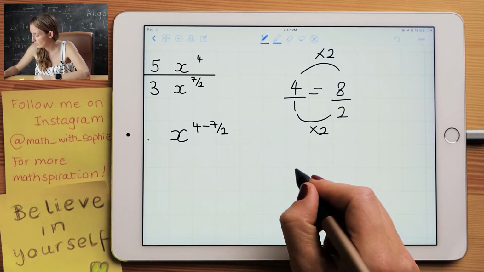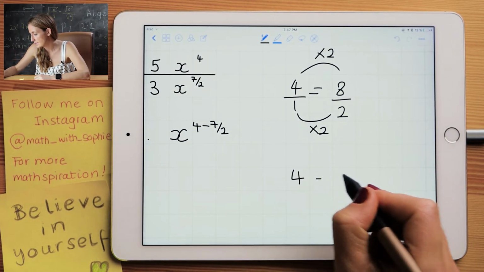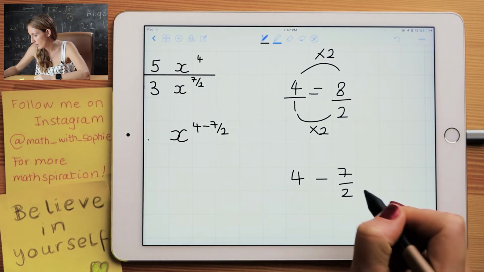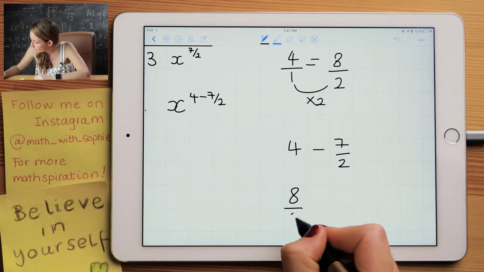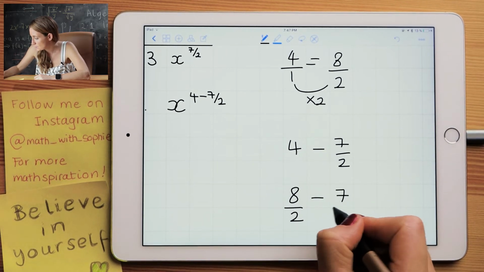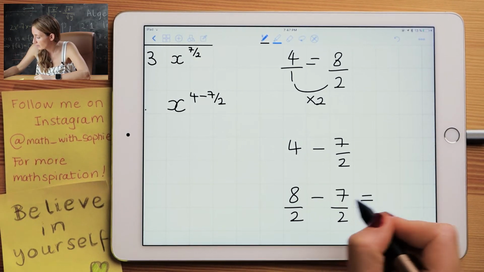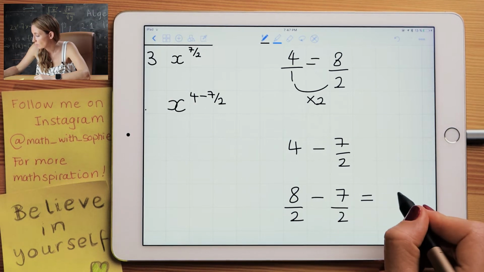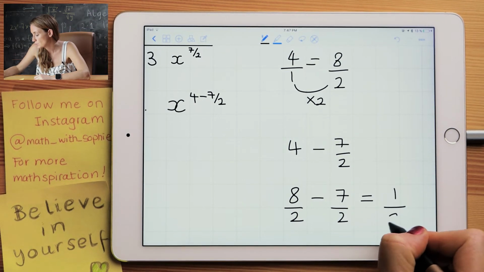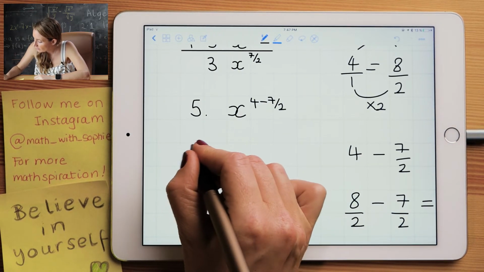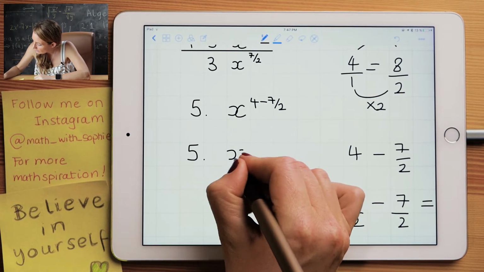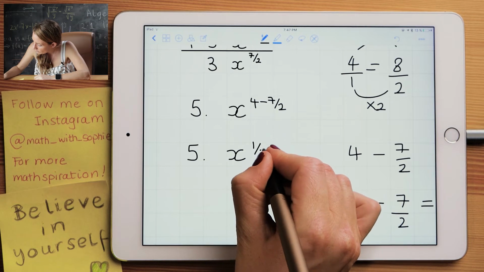So I've got to do 4 minus 7 over 2. I know that 4 is the same as 8 over 2 minus 7 over 2, which gives me a final answer of 8 minus 7 is 1 over 2. The bottom numbers need to stay the same. So now I've got an answer 5x power 1 over 2.